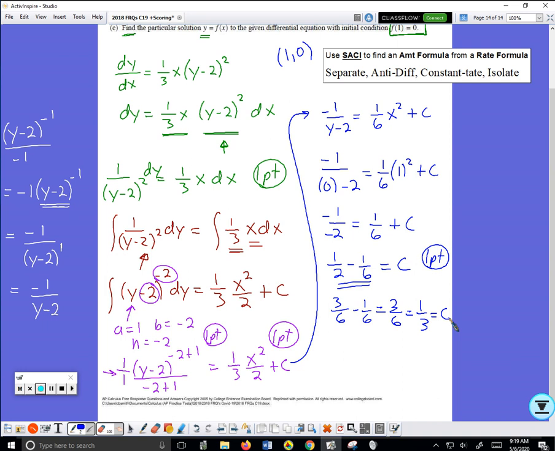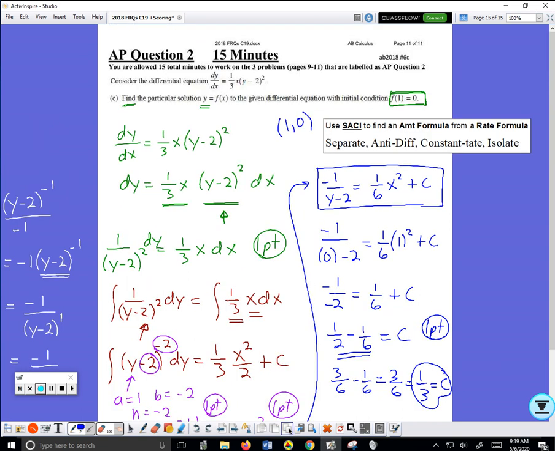Okay, now I have to take the value of c, go back to this equation here, and do the isolate step. So copy this over.